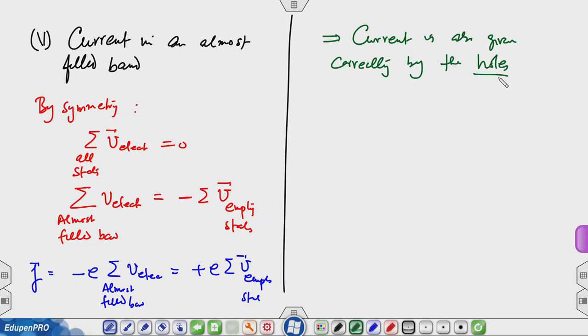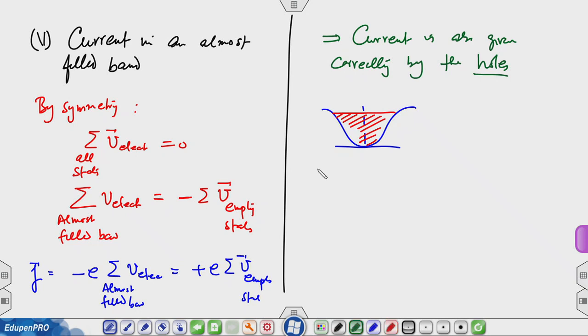So, we made a one-to-one complete correspondence between the empty states representing some particles in an almost filled band and the motion of the rest of the electrons. So, let me just make it once more pictorially. So, suppose I have a band, let us make it like this, in which the electrons are filled all the way up to here.